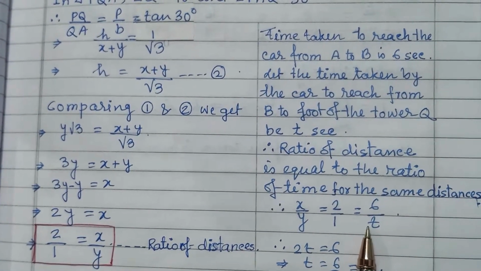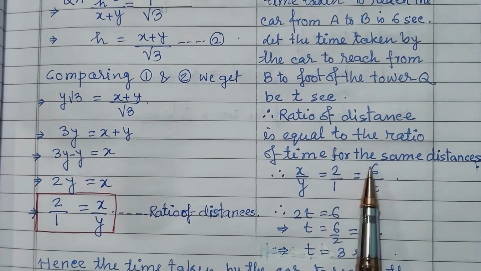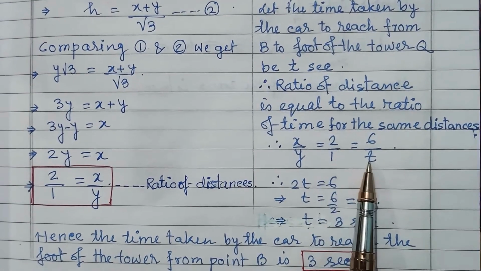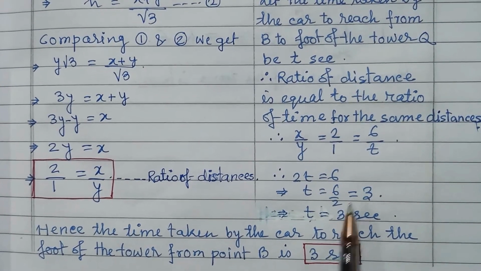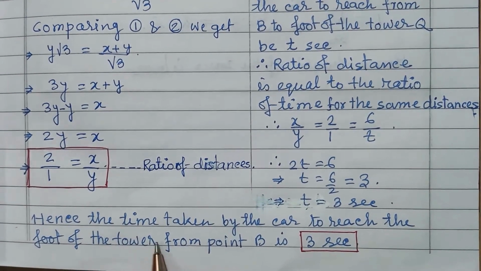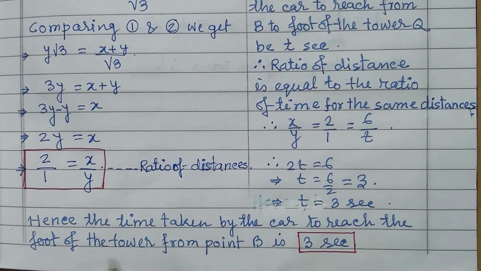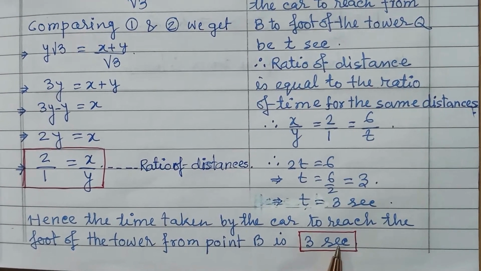So from here, cross multiply: 2t is equal to 6 and t is equal to 3. So the time to reach the foot of the tower from point B is 3 seconds.